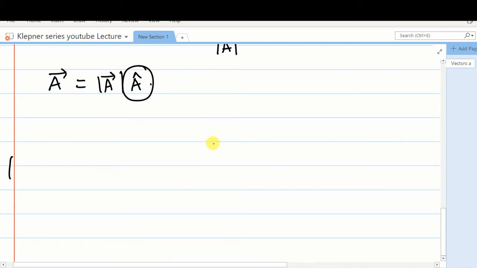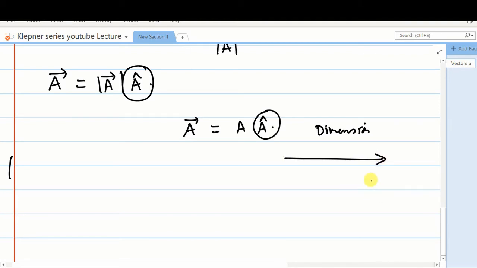So that is the funda of vectors: a vector has a magnitude and its unit vector, the unit vector has no dimension, and the direction of the unit vector is parallel to this big vector. So maybe this is your unit vector.